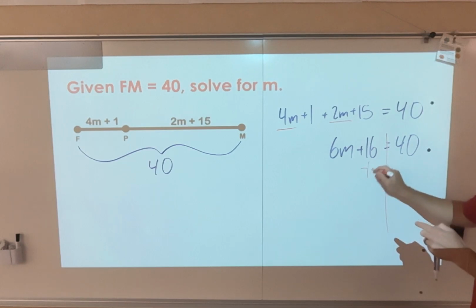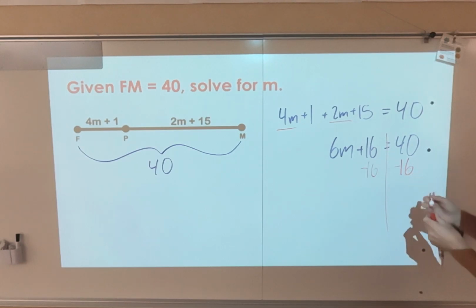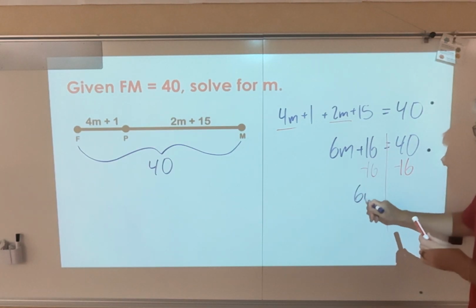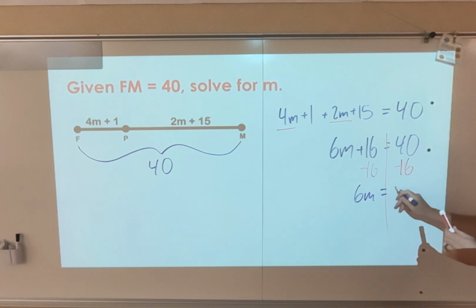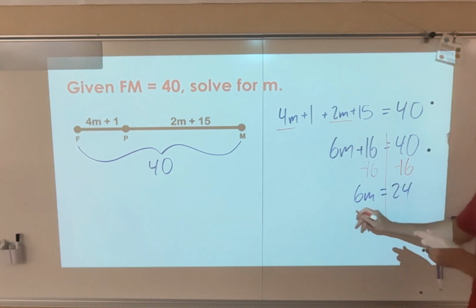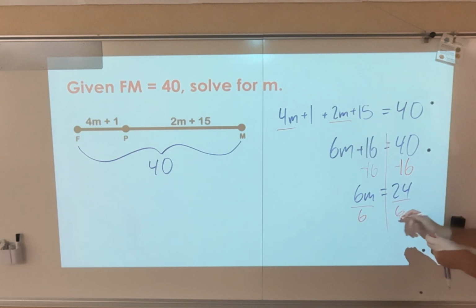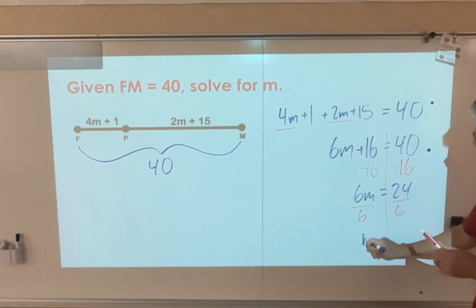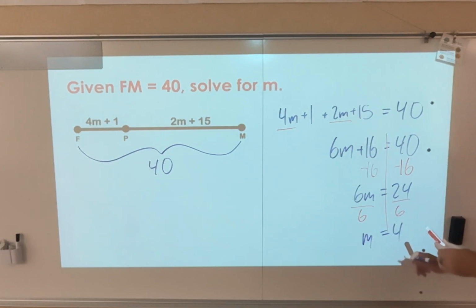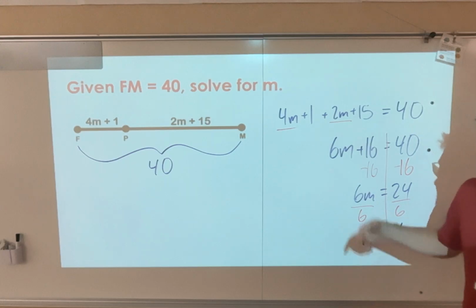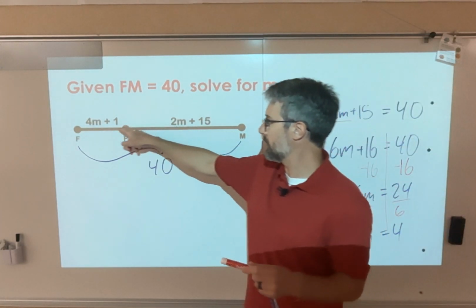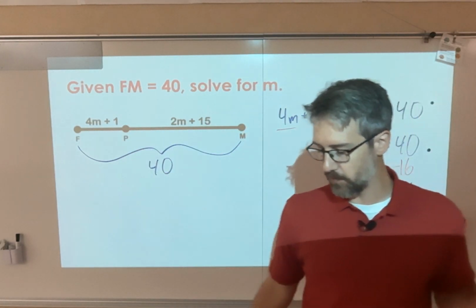We'll move the 16 over. 40 minus 16 is 24. We'll divide both sides by 6, and we get that m is equal to 4. And we could plug that back into this one and this one, add them together, and see that it is 40.